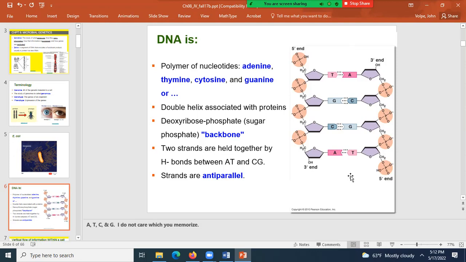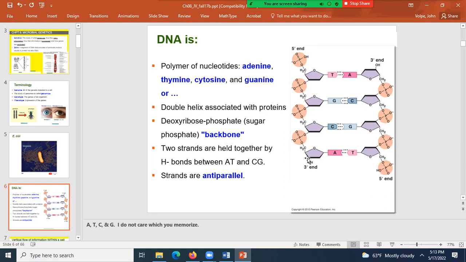You should also know that the strands of DNA are anti-parallel. This strand is facing this way, and this strand is facing that way. Anti-parallel. If you want to go into the chemistry, this is the 3' end of the DNA, and that's the 5' end. It has to do with the carbon position in the deoxyribose.